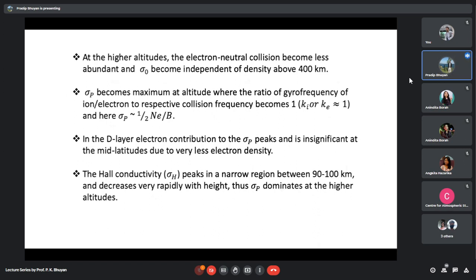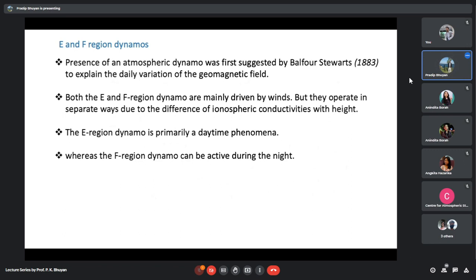Okay, so what happens? E and F region dynamos. Now I understand that all of you know what a dynamo is. So a dynamo is a device which will produce current or produce a voltage difference which will lead to current flow.